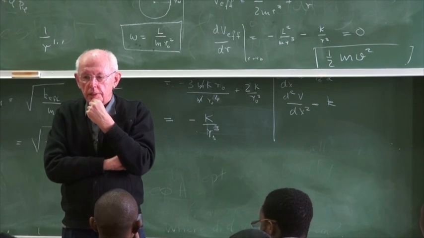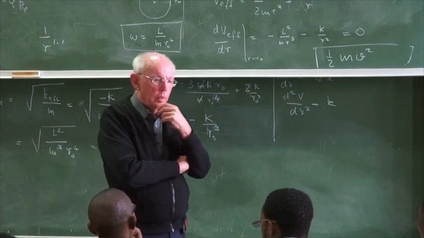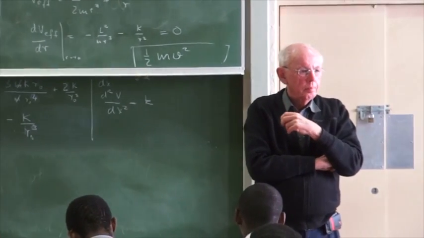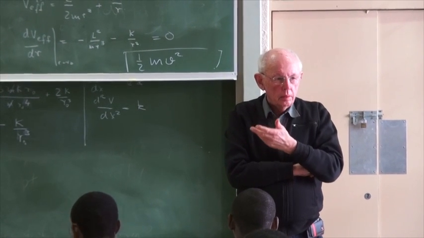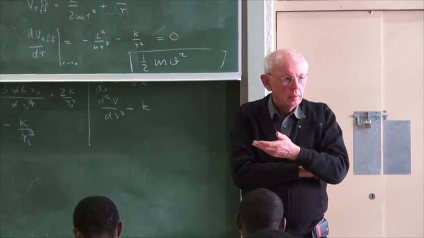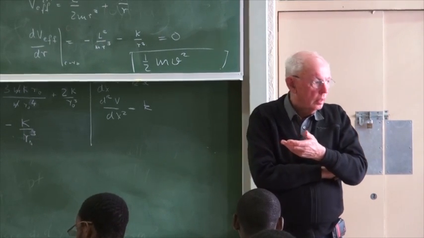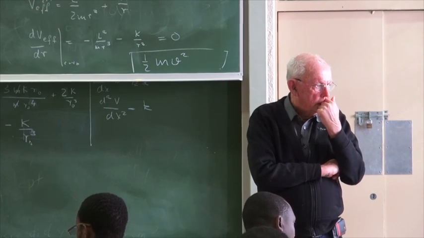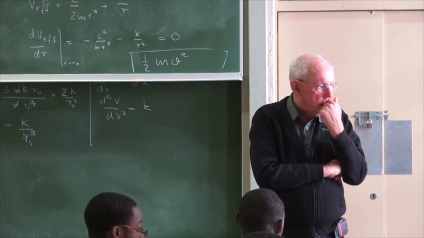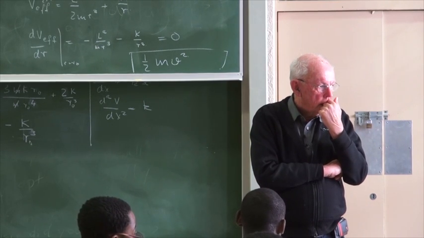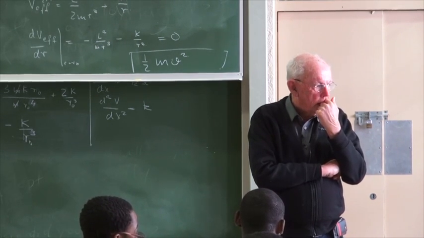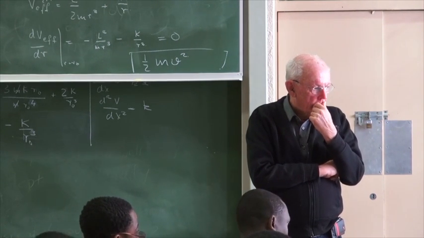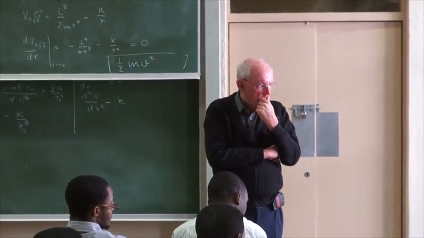So how do we measure energy when we talk about the consumption of energy? Kilowatt hour. So what is a kilowatt hour? 1 kilowatt hour is 1,000 watts times 1 hour.